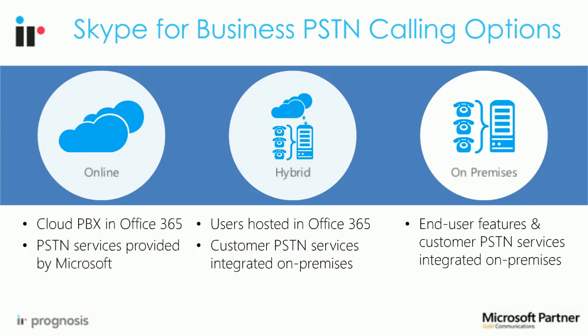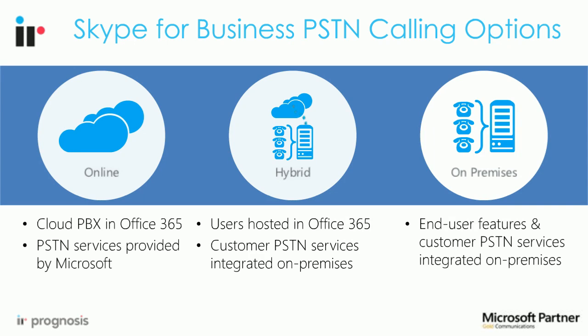Moving on here with Skype for Business and PSTN calling options. When you're online, you get Cloud PBX with Office 365, and you get PSTN services provided by Microsoft. If you're in a hybrid deployment, and if your users are homed in Office 365, then you can use the PSTN services that are provided to you at your on-premises deployment.